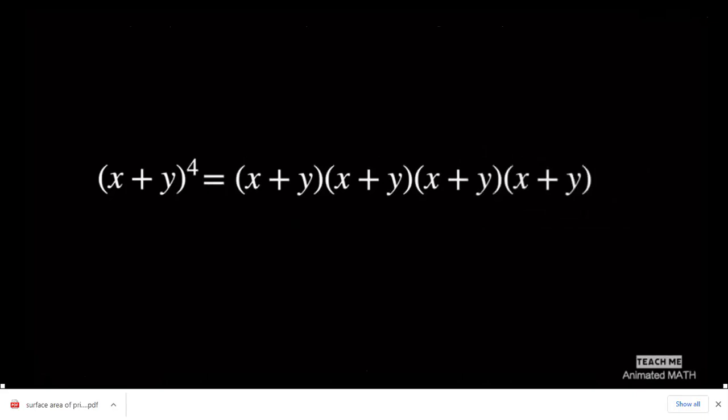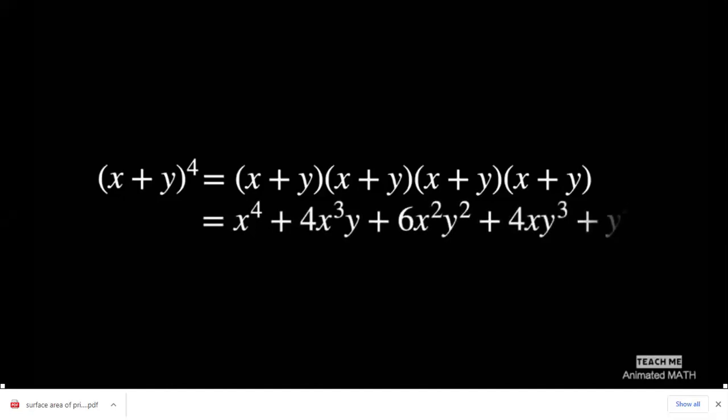For example, x plus y to the 4th power is equal to x plus y times x plus y times x plus y times x plus y. Doing the nitty-gritty of expanding it will result in x to the 4th power plus 4x cubed y plus 6x squared y squared plus 4xy cubed plus y to the 4th power.